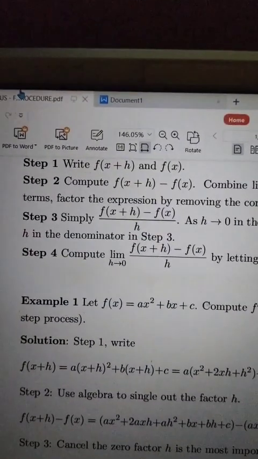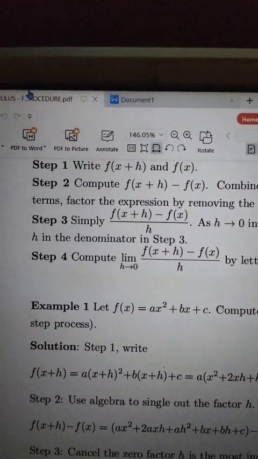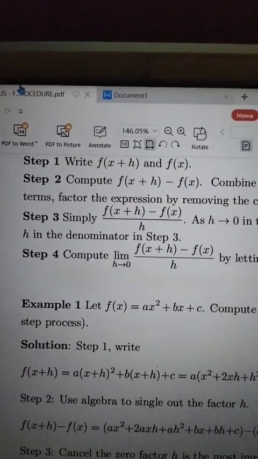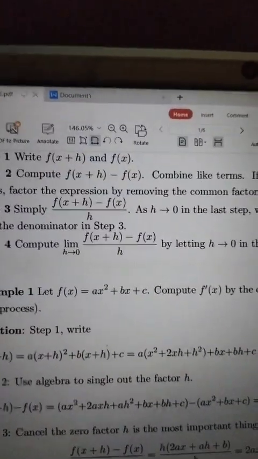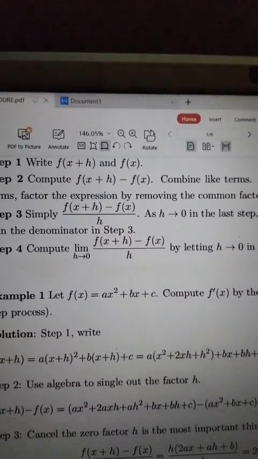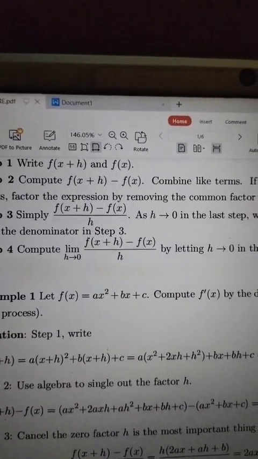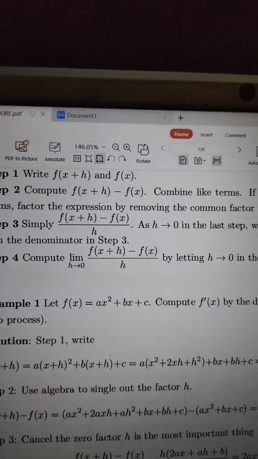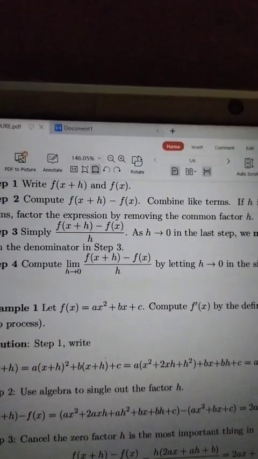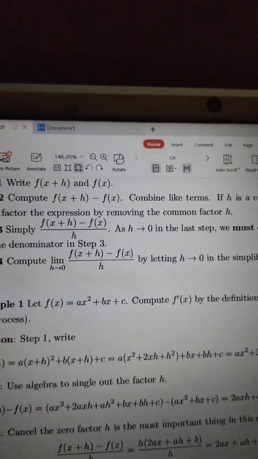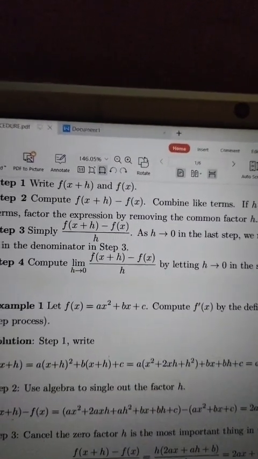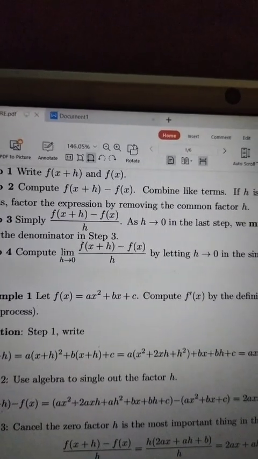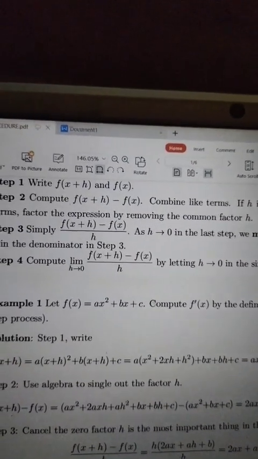So here, step 1, write f(x + h) and f(x). Step 2, compute f(x + h) minus f(x), then combine like terms. If h is a common factor of the terms, factor the expression by removing the common factor h.